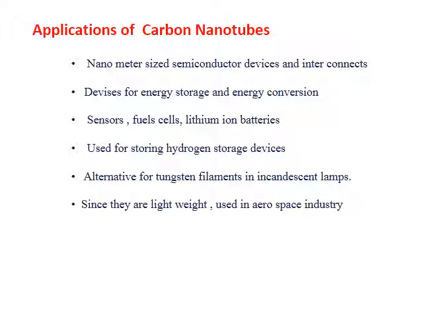Let us summarize this unit. For simple understanding, in this unit we have discussed different kinds of new engineering materials synthesized in our laboratory. We started our discussion with ceramics, and we discussed the different types of ceramics and their properties and applications. Then we moved to composites, where we discussed the key points of composites, how they can be produced, the different types of composites, and their applications in different areas.